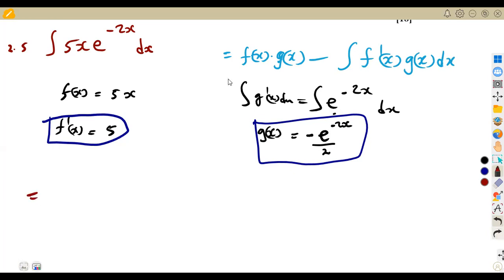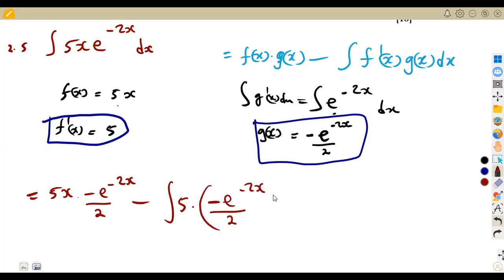So this is going to be f of x, which is 5x, times gx, we got negative e to the exponent of minus 2x, all right, everything over 2, minus the integral of the first derivative, which is 5, times minus e to the exponent of minus 2x over 2, like this. So this is what you're going to have with respect to x.